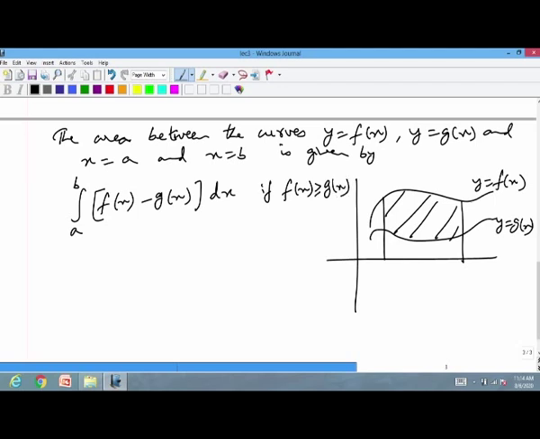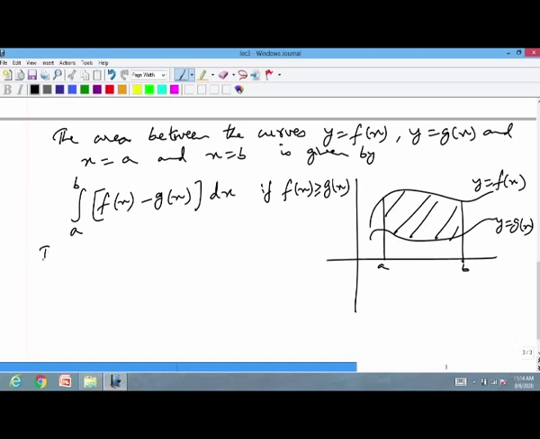This is because the integral of f x dx from a to b gives you the area between the curve y equal to f x and the x axis from x equal to a to b, and the other one, the integral of g x dx from a to b, gives the area under this one. So, the difference gives the area.